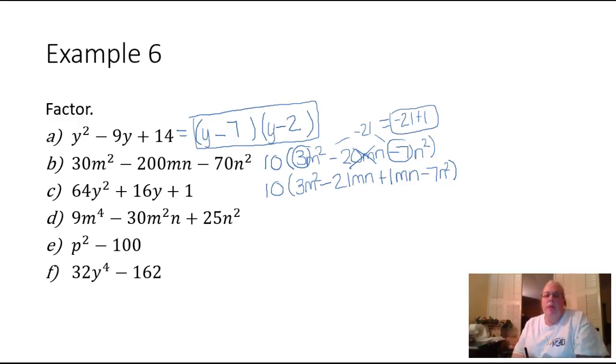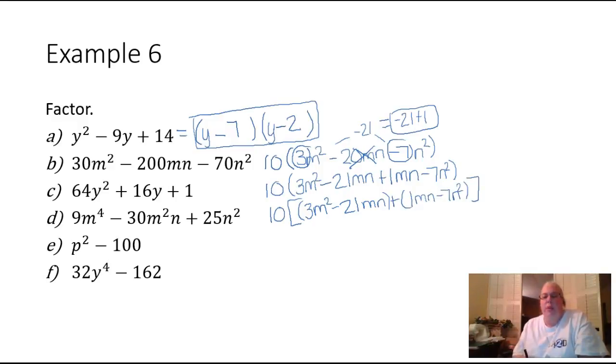And then I'm going to do the grouping on this polynomial right here. The 10, I'm just going to bring along for the ride because it's going to appear in my final answer. So I'm going to group my first two together. So you have 3m squared minus 21mn. And then I'm grouping the 1mn and the negative 7m squared together.